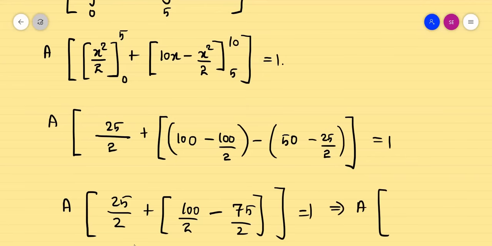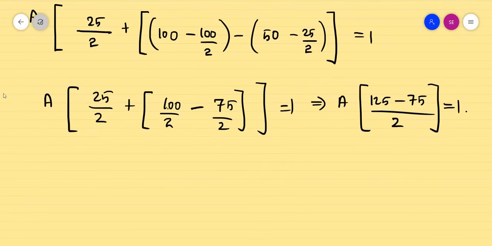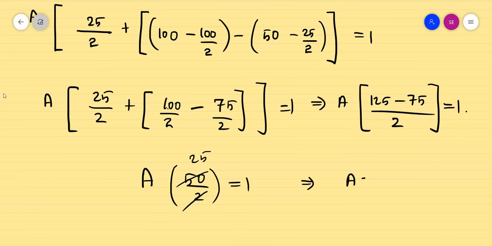So A into 1 by 2 is common. I can just add all these things. So 100 plus 25, 125 minus 75, equal to 1. So what is the answer for A? Yes, 125 minus 75 is 50. 50 by 2 is equal to 1. So 50 and 2 will get cancelled. So A is equal to 1 by 25.